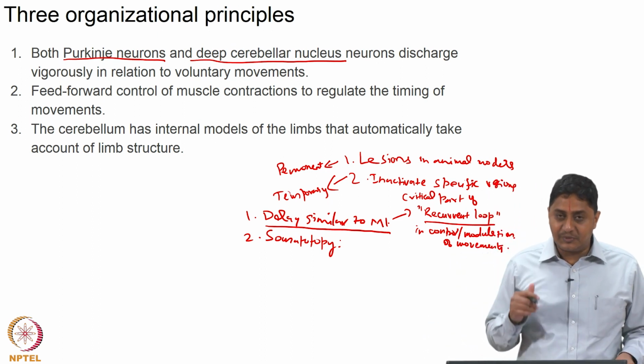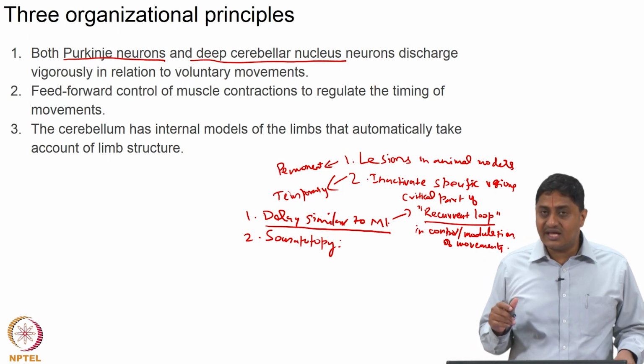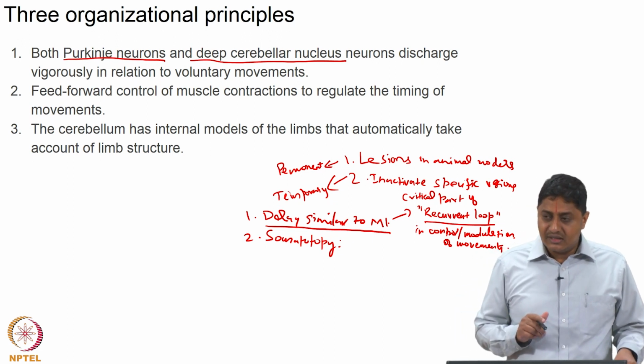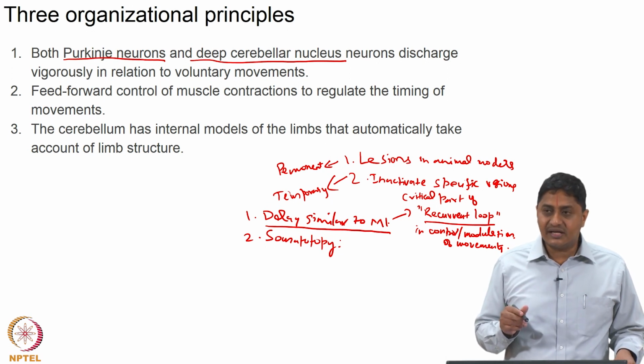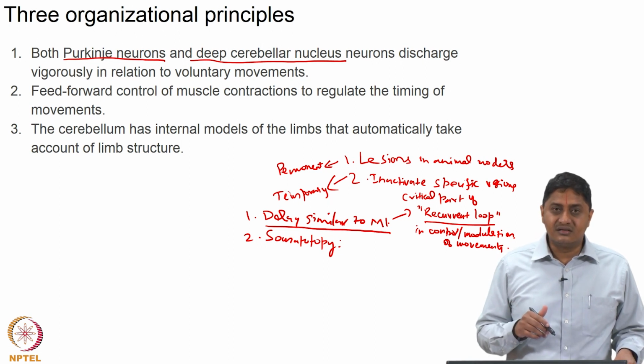The anterior parts contain the tail and the posterior parts contain the head, in other words it is upside down. And also the medial regions contain the limbs and the lateral regions contain the trunk.